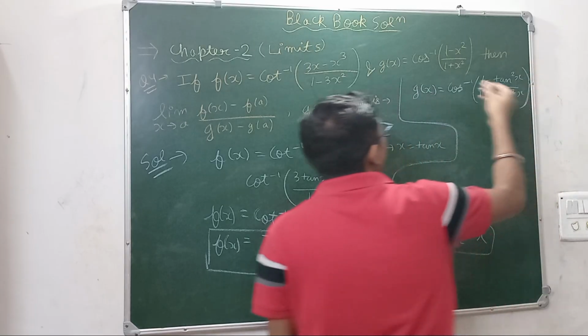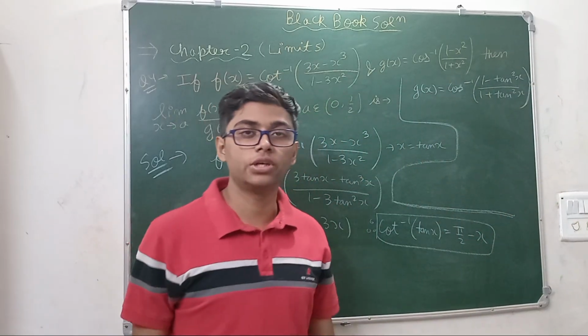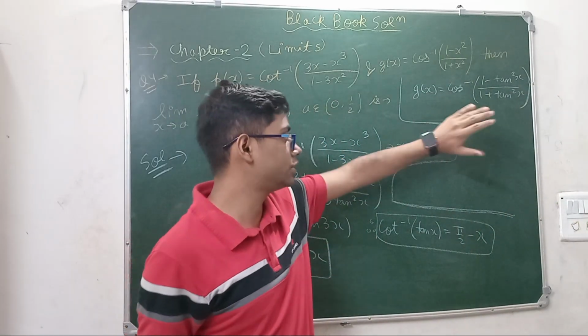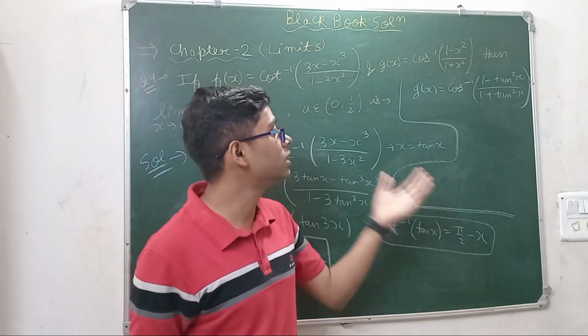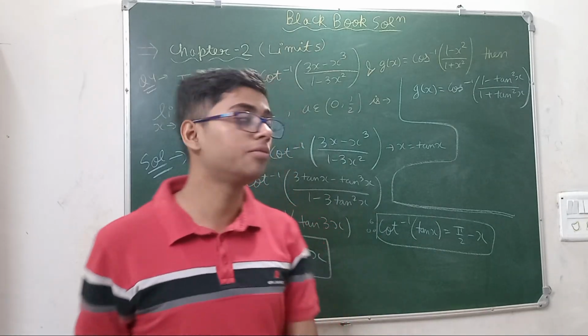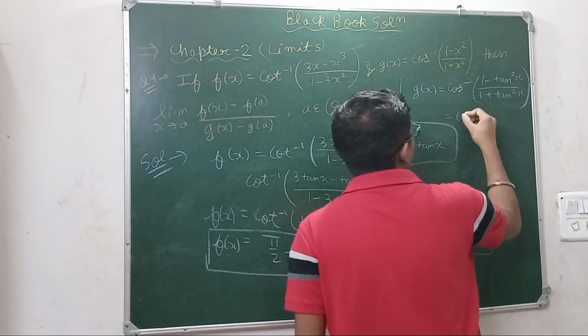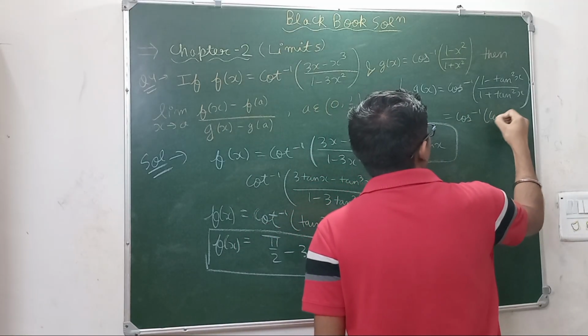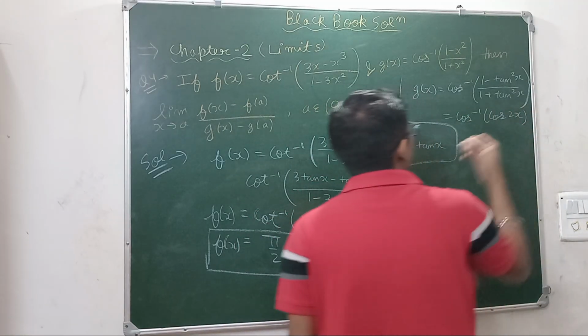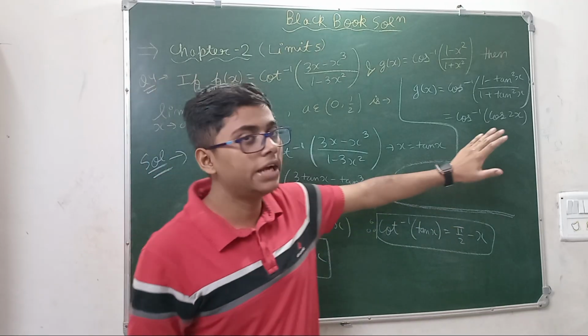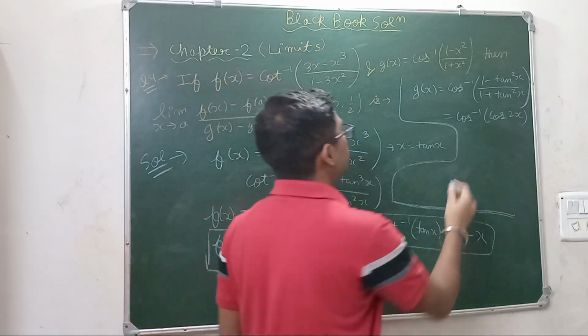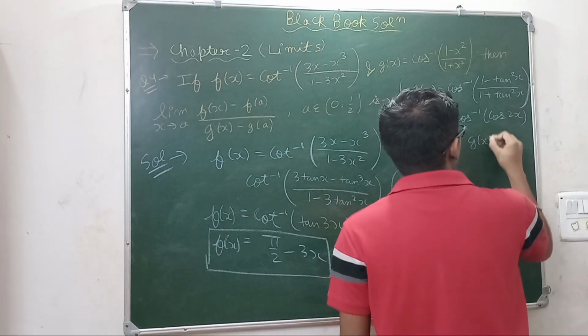If you remember, the formula for cos 2x is also in terms of tan x. So this is only the formula, 1 minus tan square x upon 1 plus tan square x. If you simplify it, it will come out to be cos 2x only. So this will become cos inverse cos 2x. Assuming that it is the principal range, gx will be coming out to be 2x.